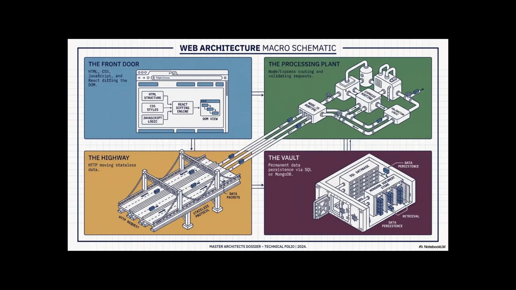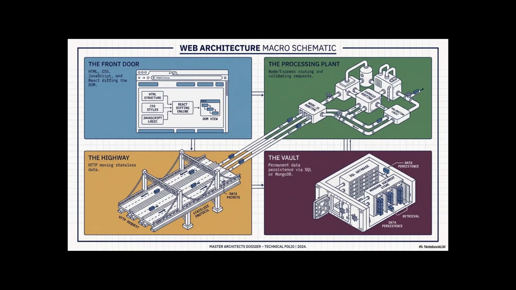So think of a web application like a city. There is a front door, that's our browser. Our HTML, CSS, and JS will be working in the browser as a front door, and there is a highway, that's the HTTP protocol that moves the data between your browser and the server.